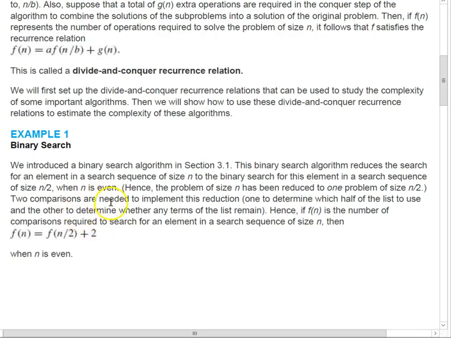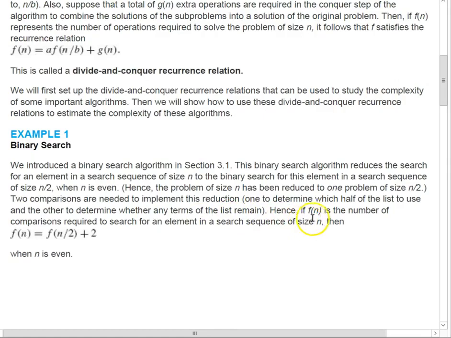Two comparisons are needed to implement this reduction, one to determine which half of the list to use and the other to determine whether any term in the list remains.